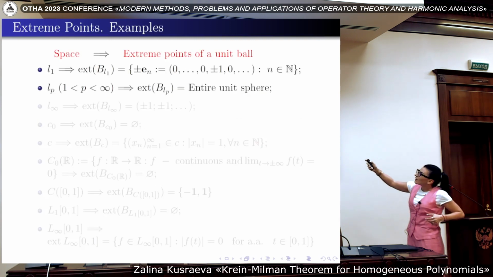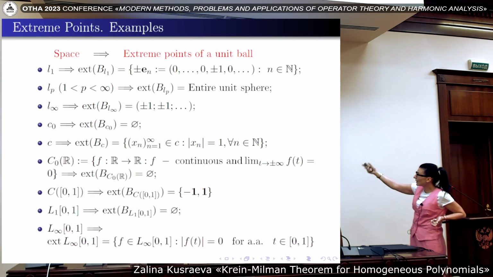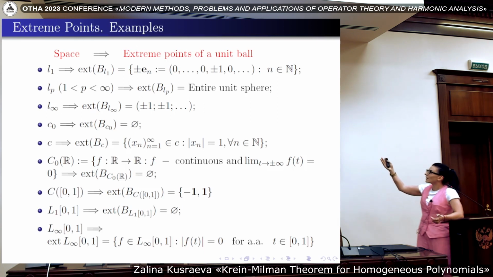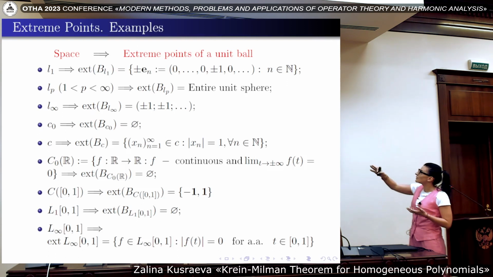So in some classical Banach spaces, I list here the sets of extreme points, and from this slide one can see that there are different cases. For example, there are cases when the Banach space does not have extreme points, the set is empty, for example c0, the space of sequences which converge to 0.